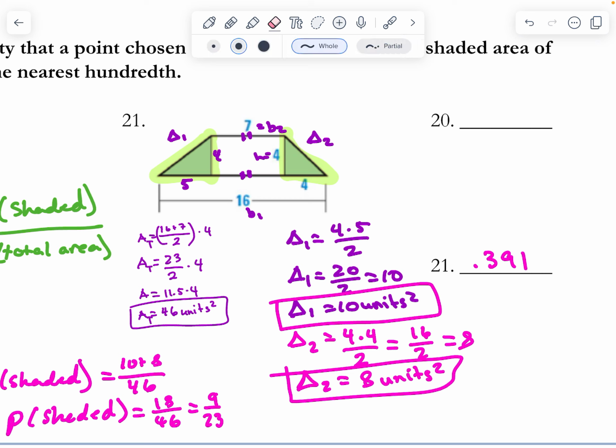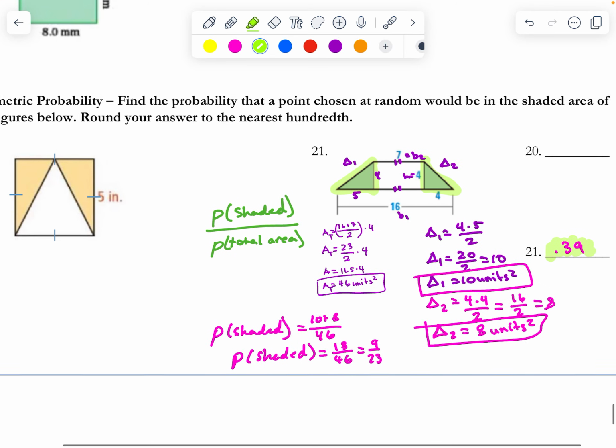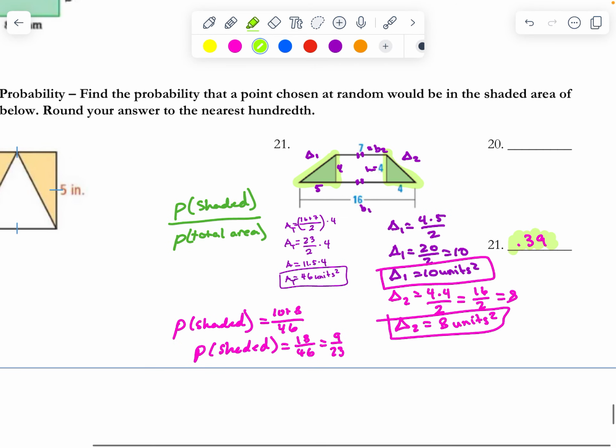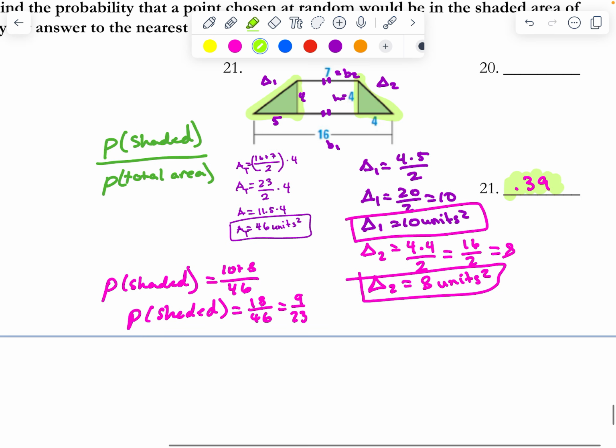Because we want to the hundredth, we're going to take a look at these last two numbers. 91 is closer to 90 than it is to 100. So we're just going to go ahead and erase that one. And this here should be my answer. Great. And that is it. So that's the first way.